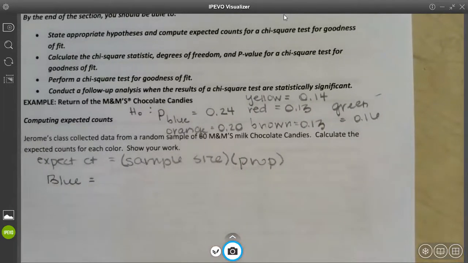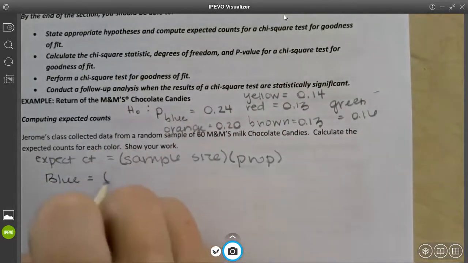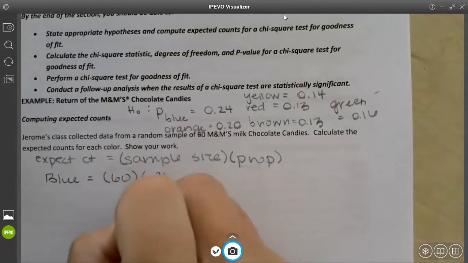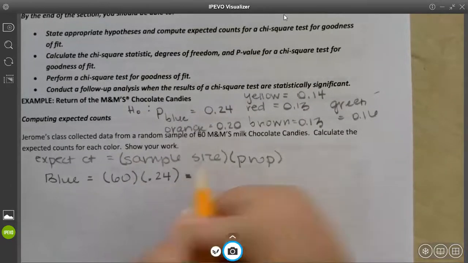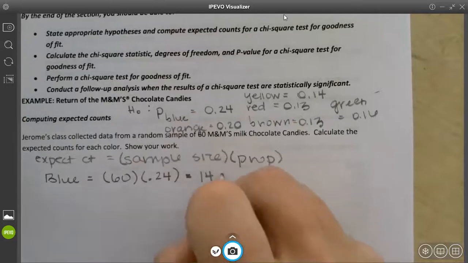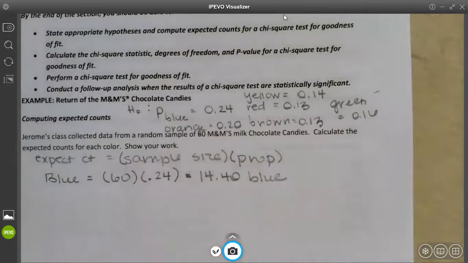So you have all that information now. So blue, we took it out of 60 candies. If there's a 24% chance of getting blue, that would mean that your sample of 60 contained 14.40 blue. So I would say somewhere between 14 and 15.